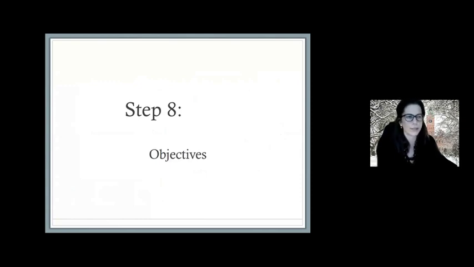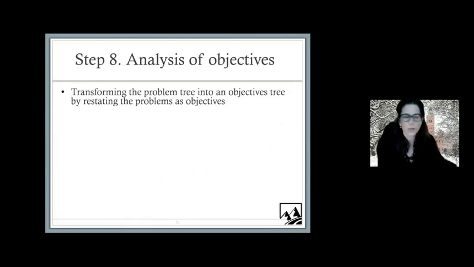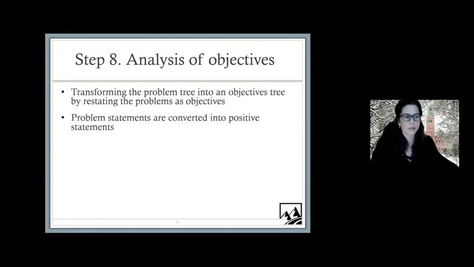Okay, so next up is step 8, which is identification of your objectives, and step 9, which is choosing your indicators or your metrics. When we talk about analysis of objectives, we're going to go back to our problem tree. What we do in this step is turn your problem tree into an objectives tree by restating problems as objectives.